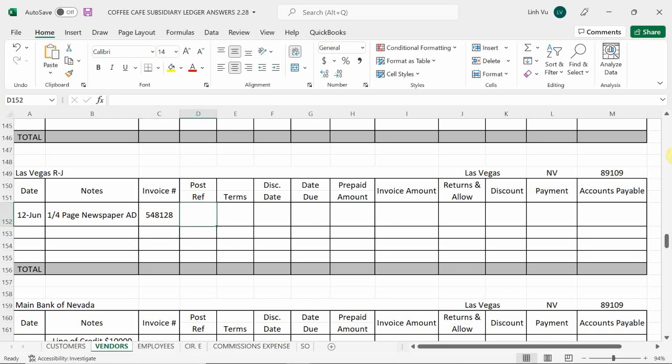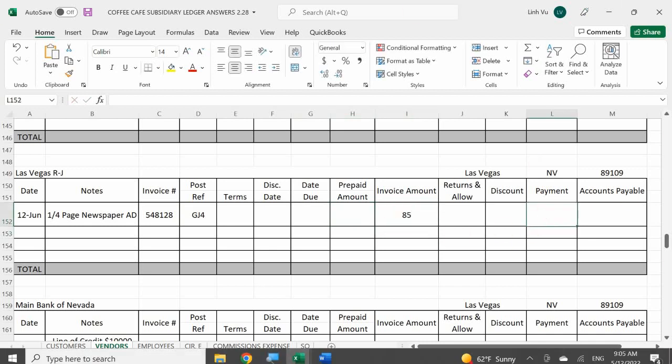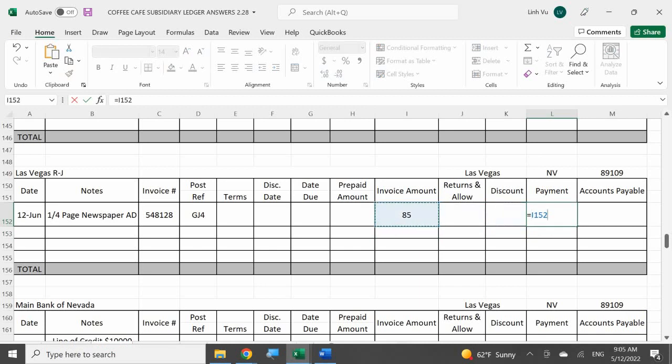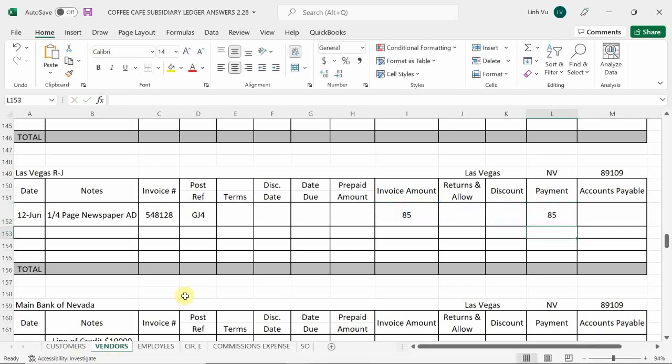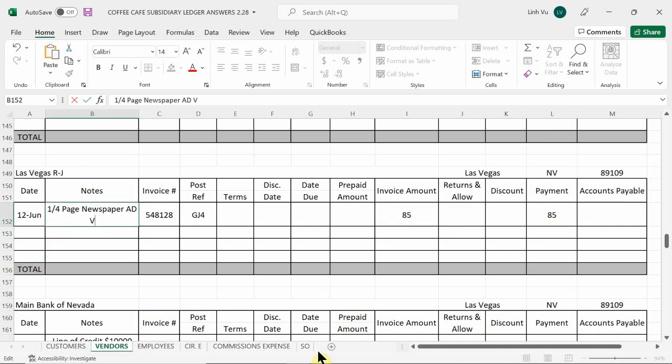Post reference, once again, General Journal 4. Do we have terms? No, but we paid at time of purchase. So in this case, no terms there. How much was the bill? It was $85. And how did we pay? Did we pay? Yes, we did. We paid using a Visa credit card. So that could be a note that you could add there too, saying that you paid with a Visa credit card.